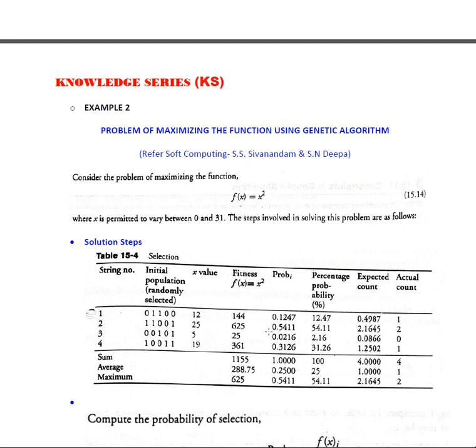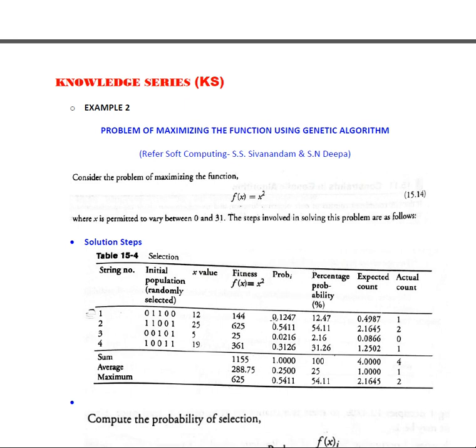Now here you have to see one more thing: the maximum value. Among these, the maximum value is 625. If you take the total sum and divide by 4, you get an average, which is shown here.